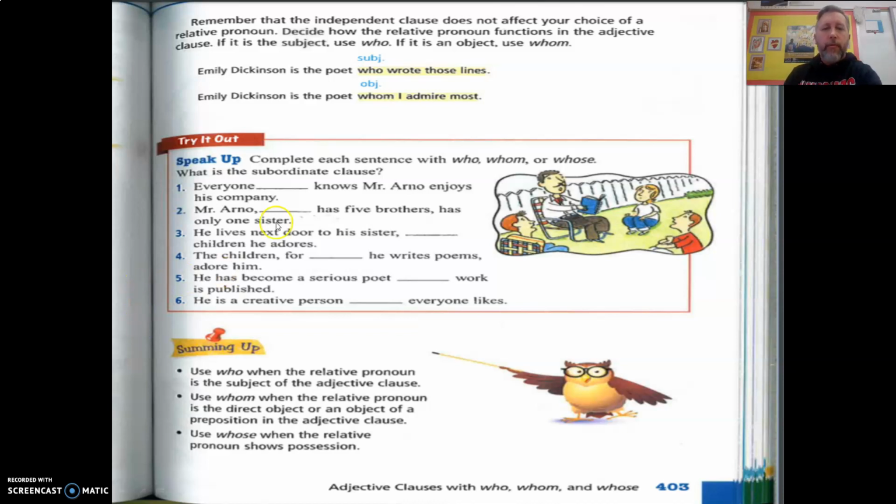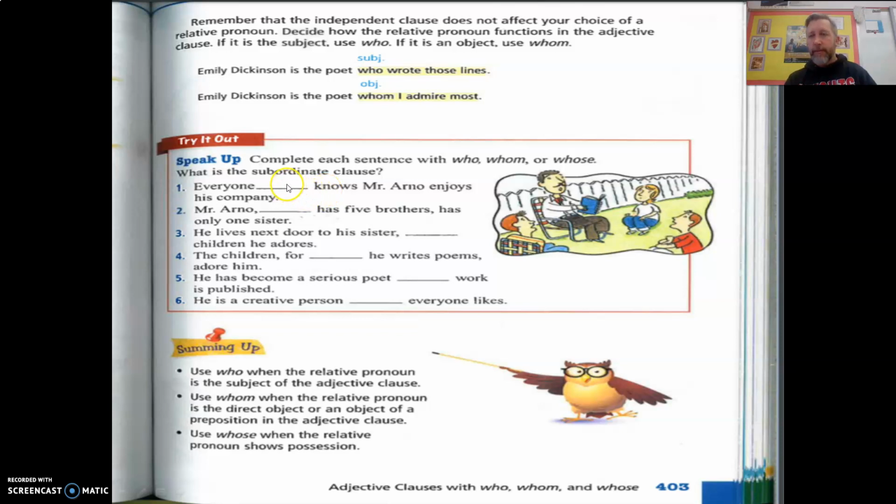Number 1. In this particular case, we could use the sound test, I guess. Everyone whose knows? No. Everyone whom knows? No. Everyone who knows. All right. So knows is the verb.